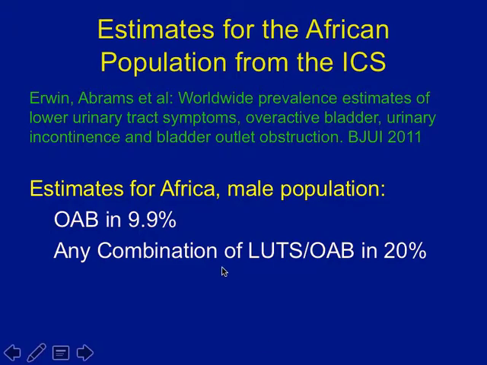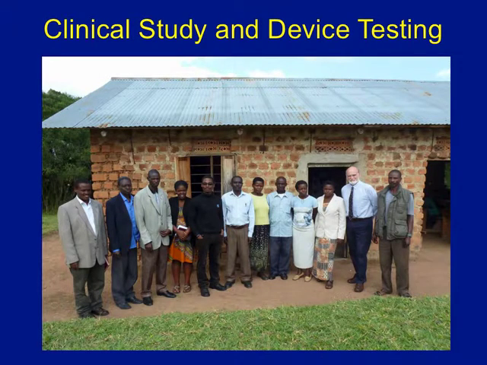Their estimate for Africa was that overactive bladder symptoms were about 10% of the population, and that any combination of LUTS or OAB was present in about 20%. Certainly our measurement found a much higher number, sort of double, closer to 60% in the questionnaire.